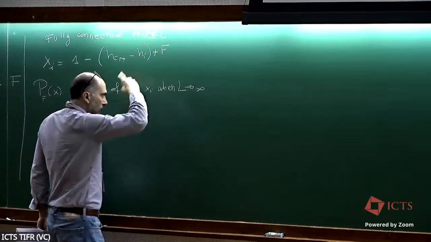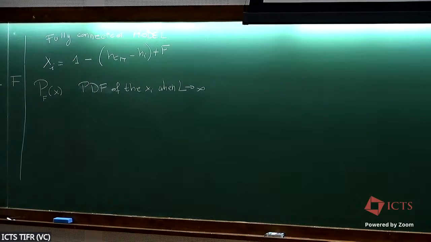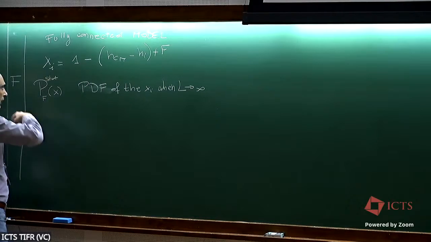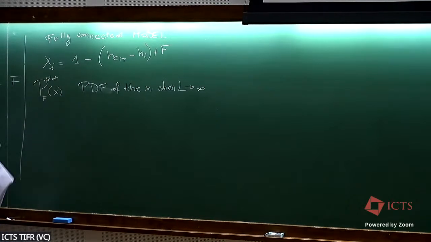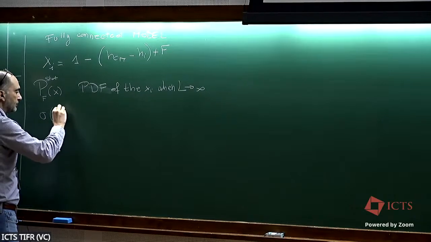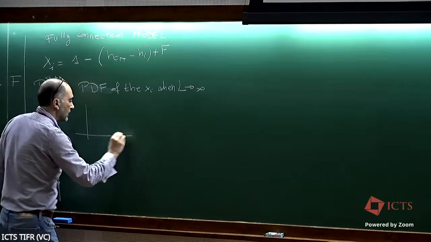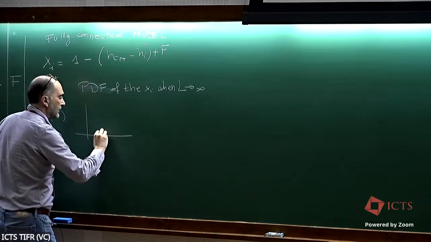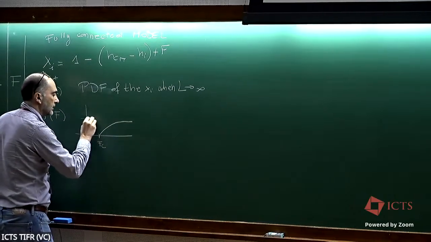You have a stationary distribution. If you write the equation for this object, what you can get is v as a function of F. And you will see that there is a critical force Fc, and something like this.